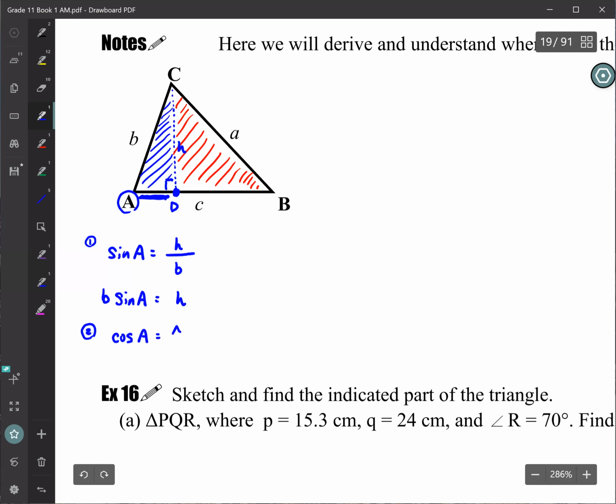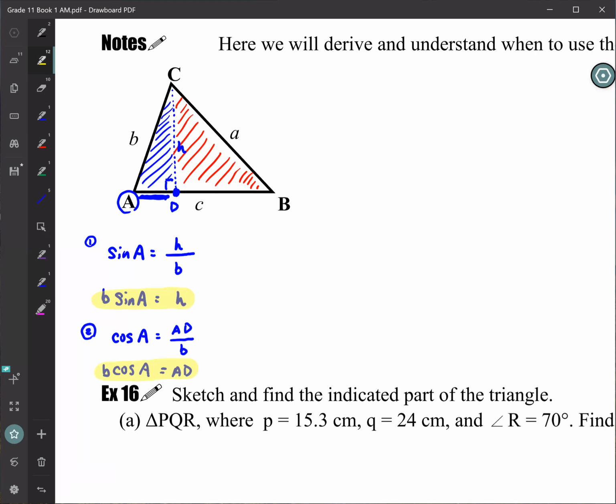So adjacent over hypotenuse. So same thing, I'm going to isolate AD. Okay, B cosine A. Okay, so far we got two things. Any questions so far? Anyone got lost?